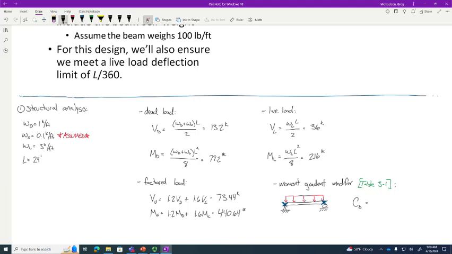1.14. So this is one we can look up. And the cool thing about this is that CB doesn't change as a function of the load. Like if the load goes from 1 kip per foot to 7 kips per foot, it's still the same CB value. Okay, so after this step, I want to make myself a little reference here on the board. So what I'm going to write is the shear, the moment, which is 440.64.